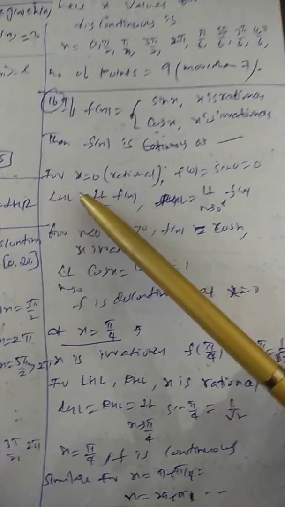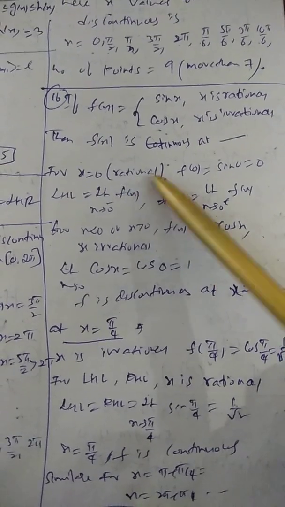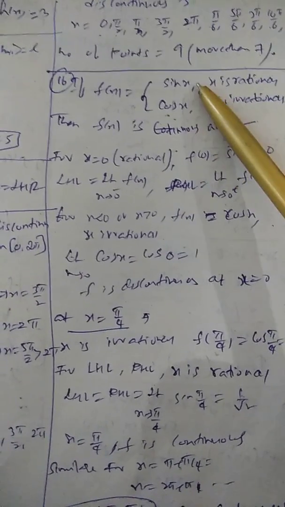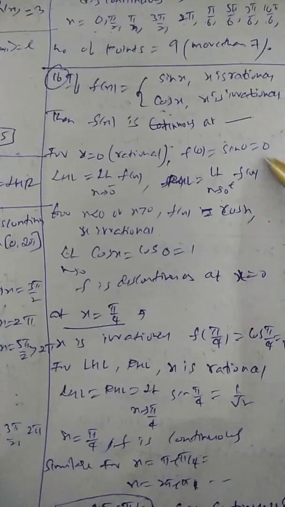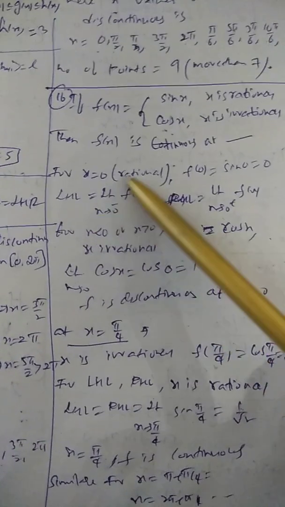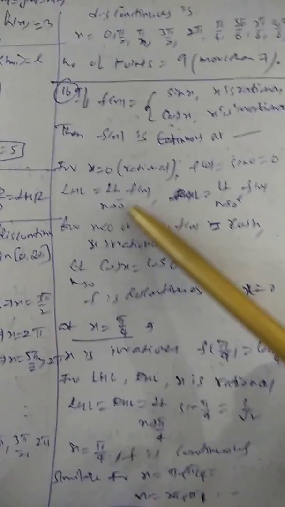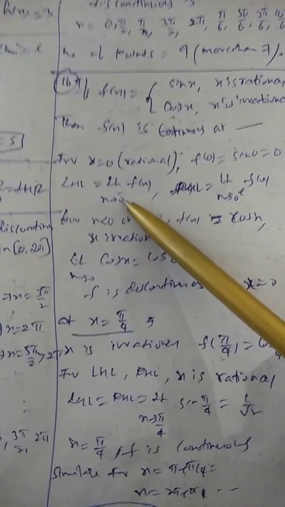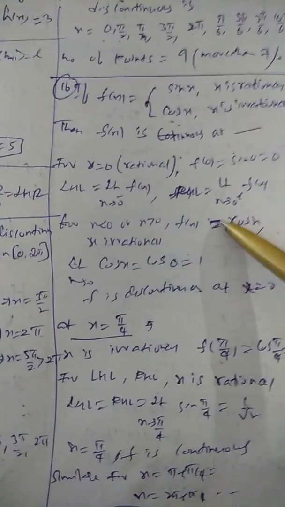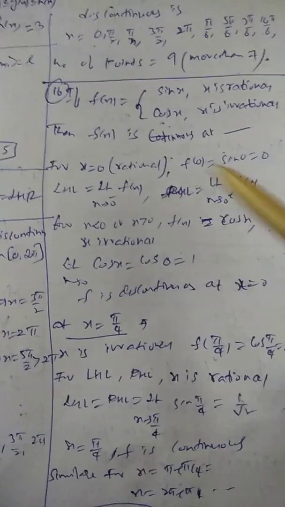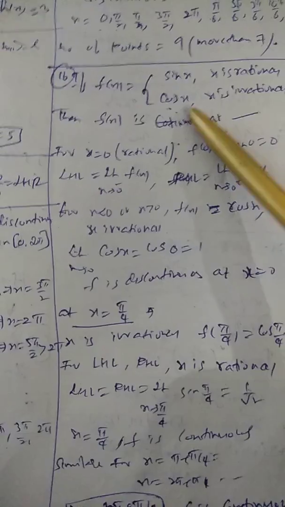Observe here, when x equals 0, since 0 is a rational number, f of 0 is nothing but sin 0, which equals 0. Take the left hand limit at 0, that is x tends to 0 minus. For x less than 0 the x value is an irrational number, and for x greater than 0 the x value is an irrational number, then f of x is cos x.